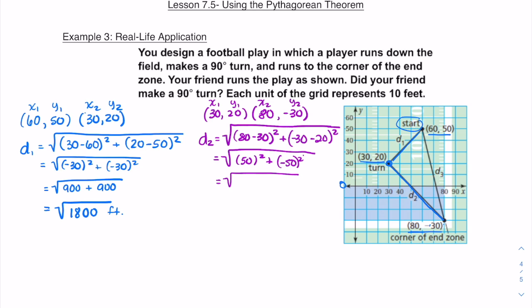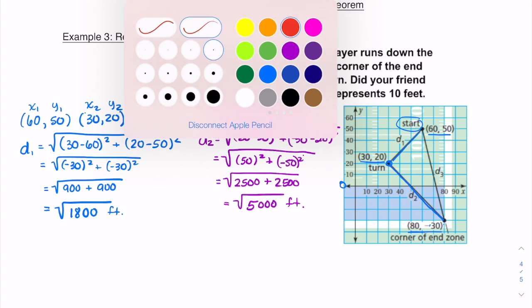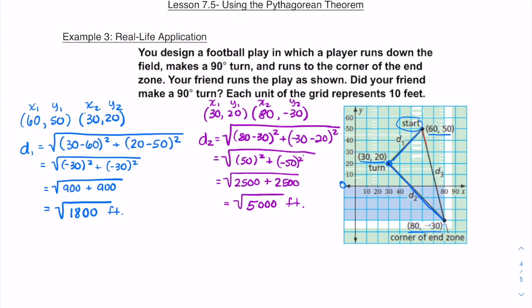You're going to end up with 2,500 plus 2,500. So that's going to give me the square root of 5,000 feet. Simplemente usando la fórmula, okay, your distance formula, y usando los puntos. That's all I'm doing here. Okay, el último lado que tengo que encontrar es D3.